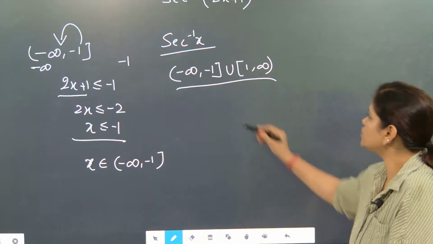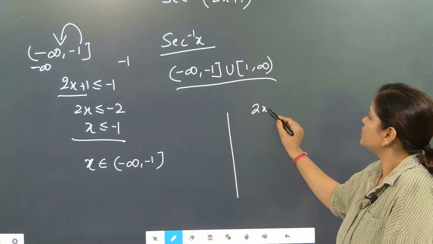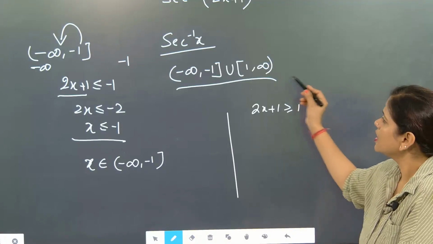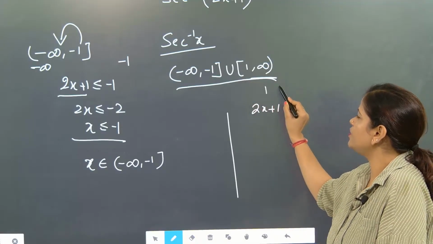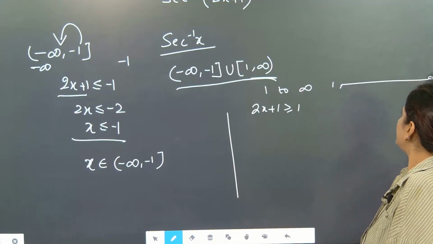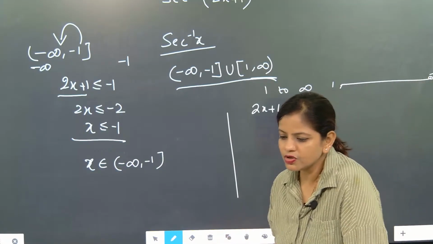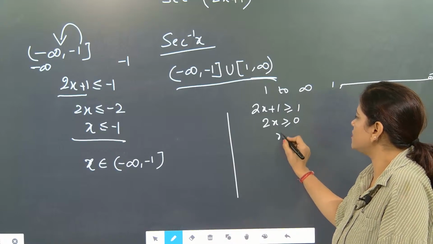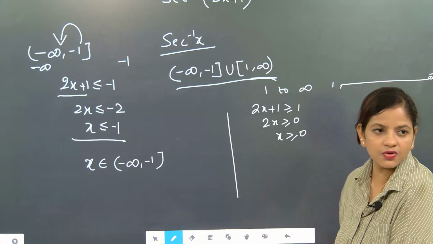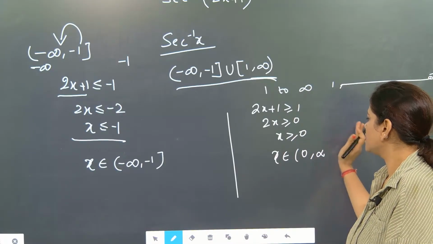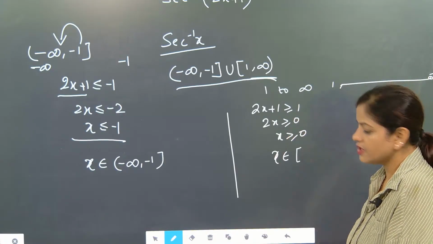Next section is 2x plus 1 should be greater than or equal to 1, correct? Because the second target is 1 to infinity. So it will come as 2x greater than or equal to 0, x greater than or equal to 0.